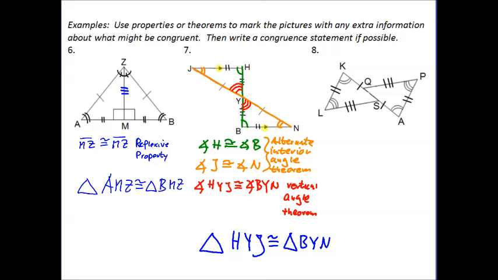In example 8, everything is pretty much marked. All 3 pairs of sides are marked congruent, and 2 pairs of angles are marked congruent.